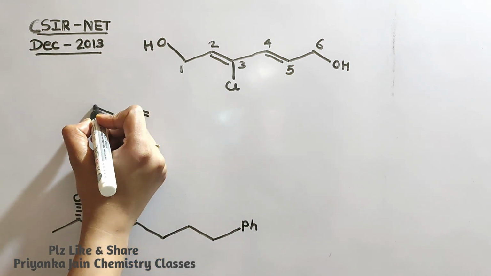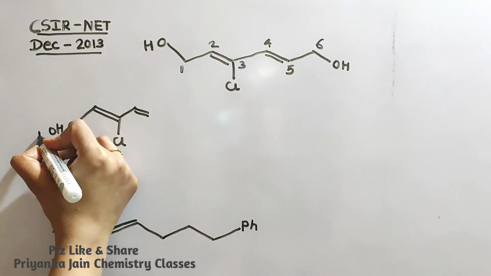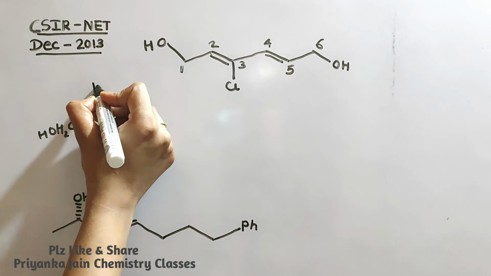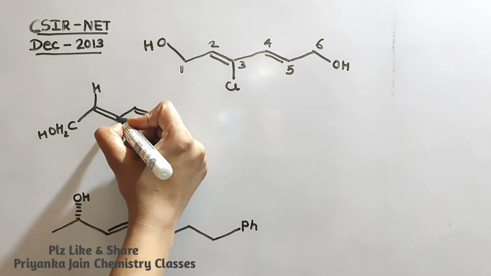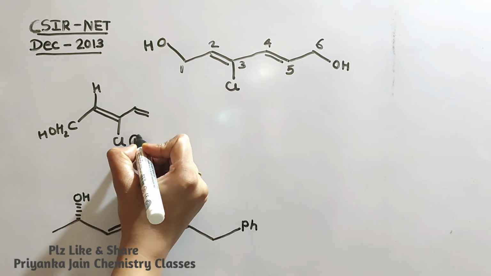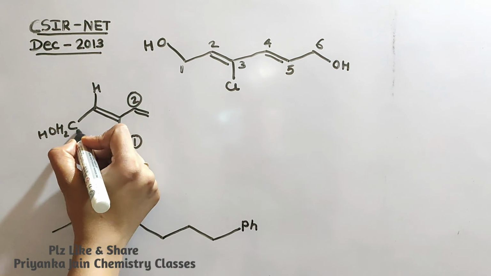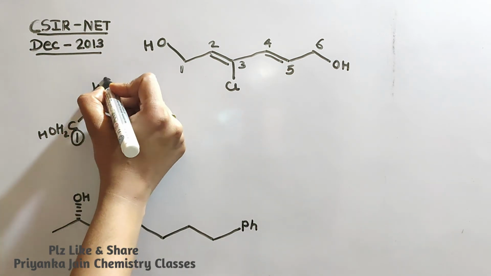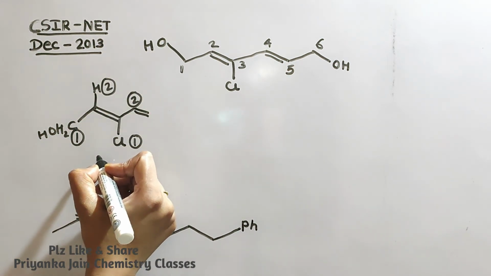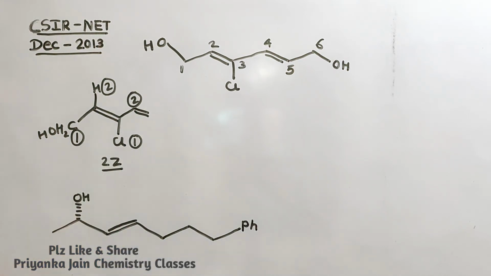Here is the CH2OH group and this is the hydrogen. The first priority will be for the chlorine and second priority for this group, and here the first priority will be for this and second for this, right? So at C2 we can say there is 2Z configuration, right?